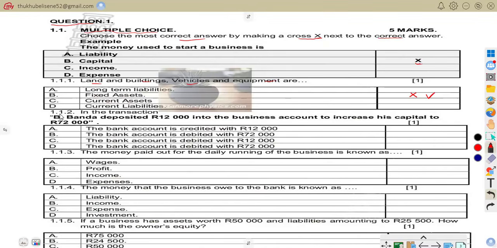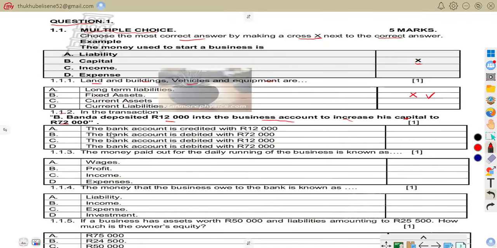Let us be on question 1.1.2. It says, in the transaction, Mr. Banda deposited 12,000 in the business account to increase his capital to 72,000. Now we are asked how we are going to record it. We are given these 4 options, and we go through them.